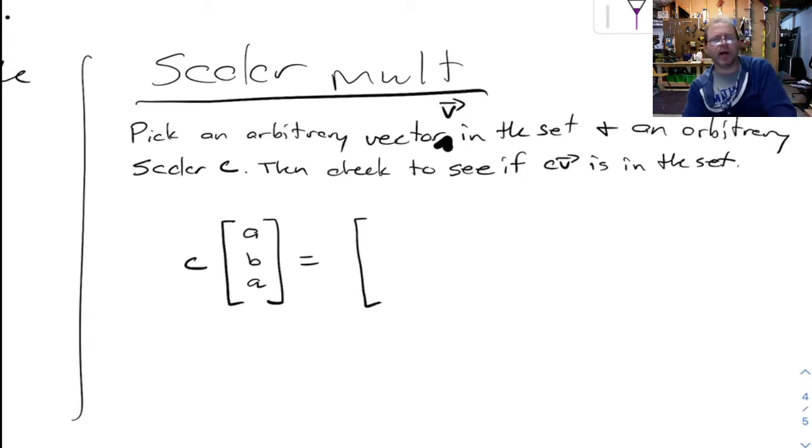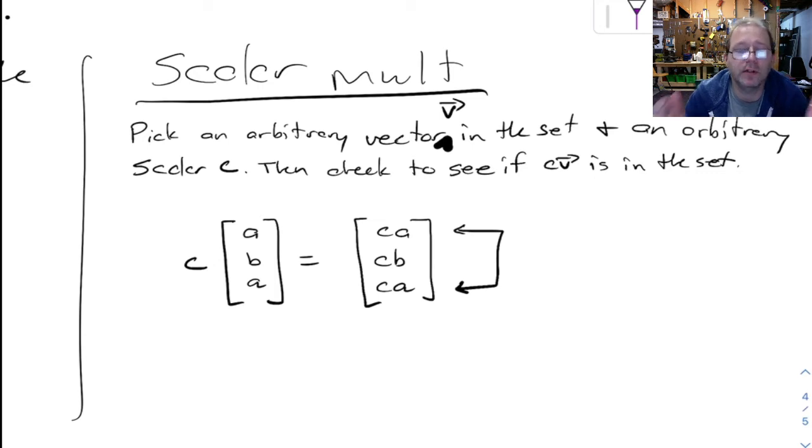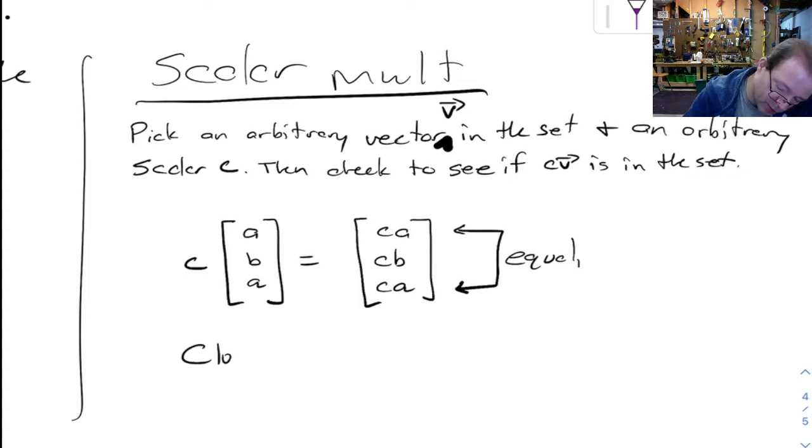So if we take this and multiply it out, you get CA, CB, and then CA again. So we check, is this in the set? Well, really we're asking, does it have the right form? Are the X and Z components equal to each other? And they are. So therefore this is closed under scalar multiplication.